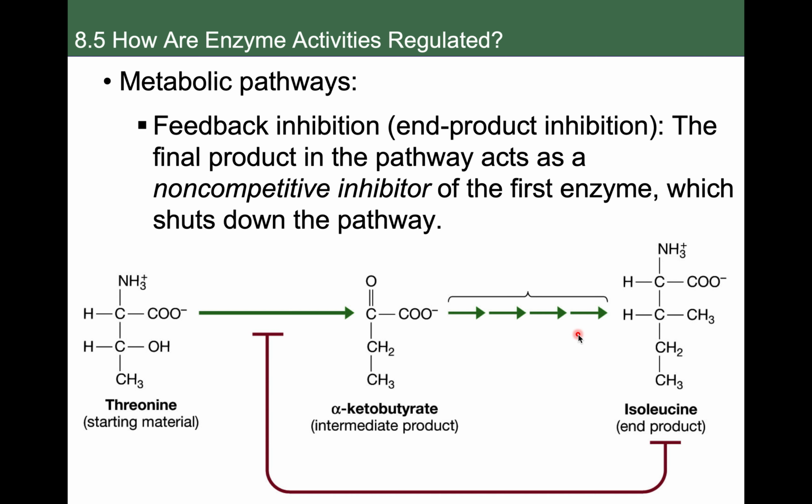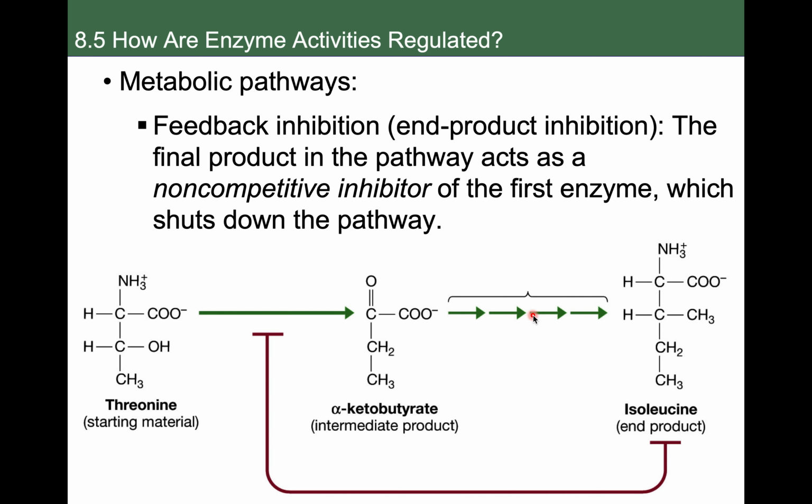Then what's going to happen is, if the pathway's shut down, we're not making any more isoleucine, so isoleucine levels will start to drop off. Isoleucine will get broken down or utilized by the cells. It'll start to disappear. And as it goes away, this enzyme is no longer inhibited, and this pathway could kick back on. So it's kind of like an automatic on-off switch, essentially.